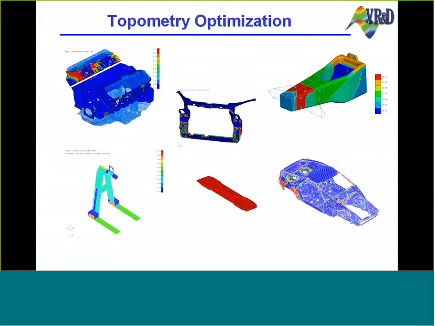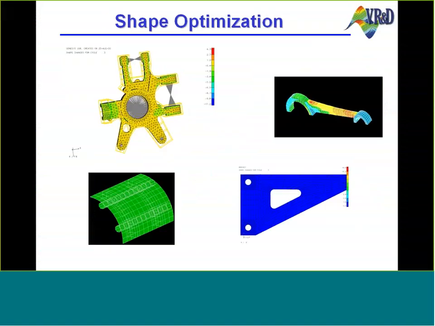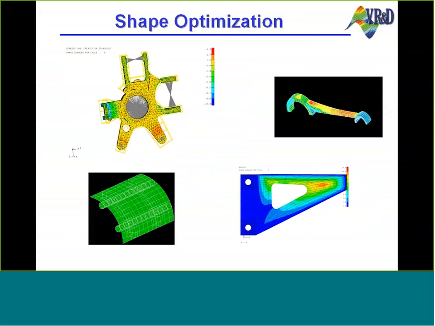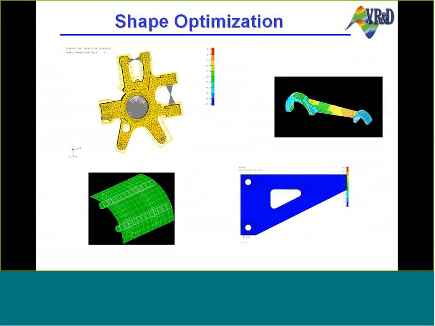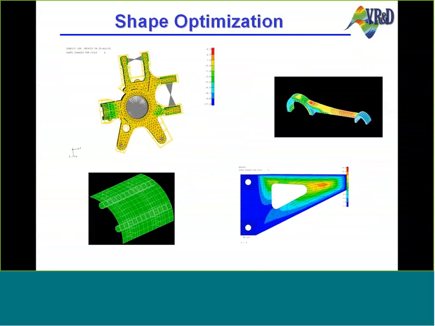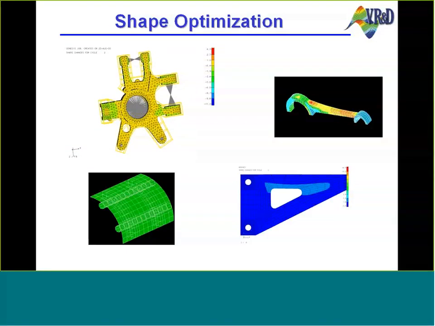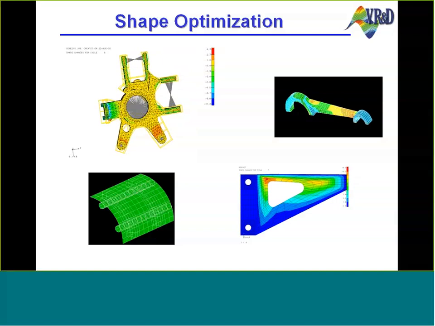Now I'd like to switch to shape optimization. Shape optimization means that we are going to design the locations of the grids that define the spatial dimensions of the finite elements themselves.